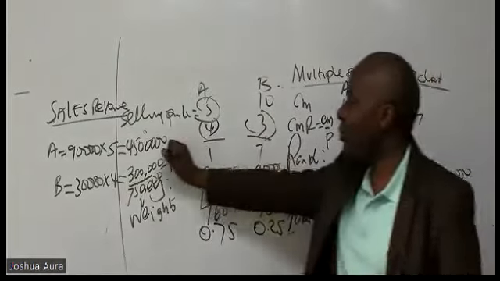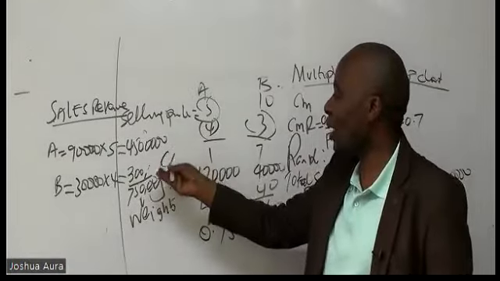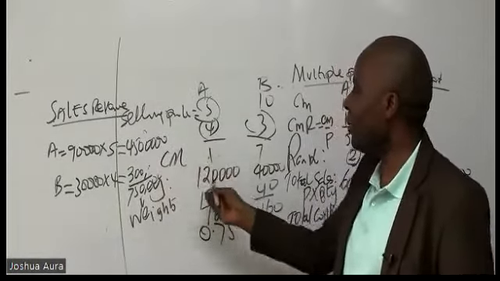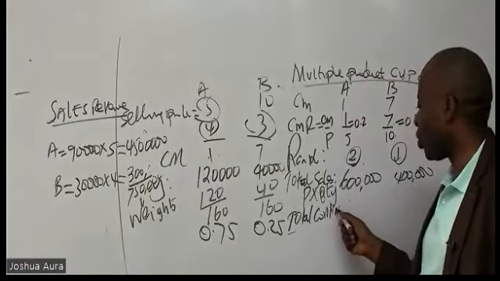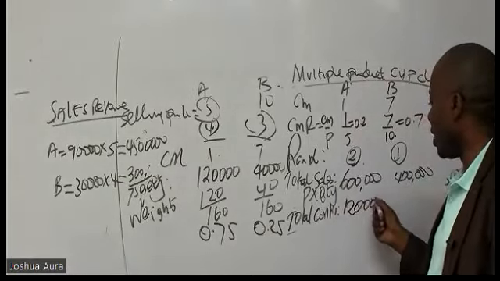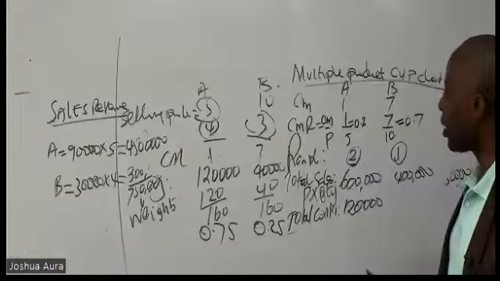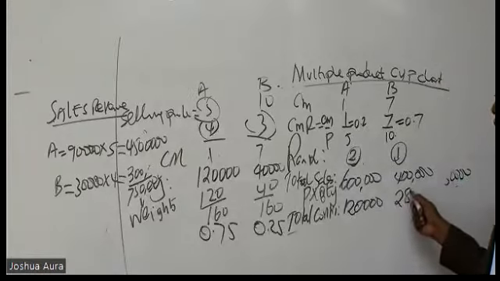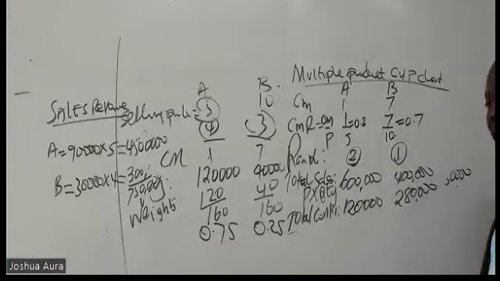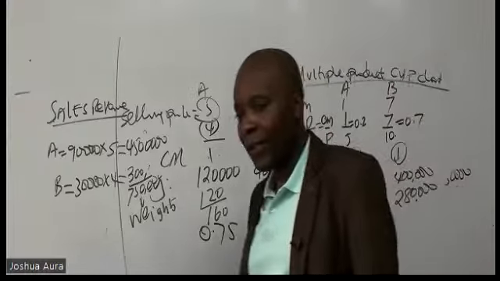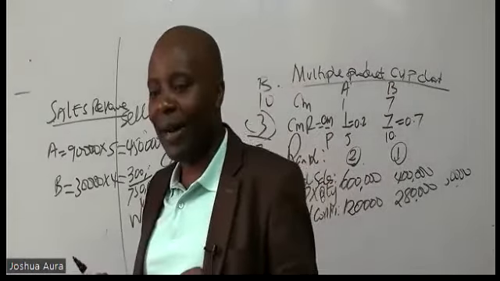I know where my contribution margin is. This is what we had obtained, so it will be this times this. The first one, I'm able to see total contribution of 120,000. The second will be 200 what here, somebody? 280,000, like that. Thank you so much.